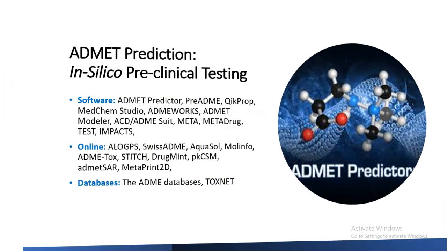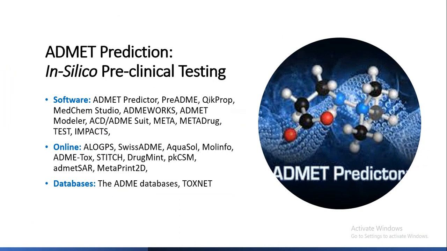activity. ADMET prediction. So ADMET means absorption, distribution, metabolism, excretion, and toxicity. So these are the molecular descriptors, or we can say these are the pharmacokinetic studies, which can be performed during preclinical testing, but here we are going to use computer and software.